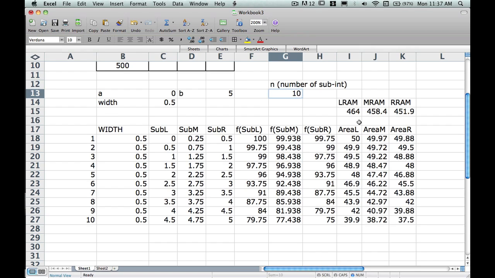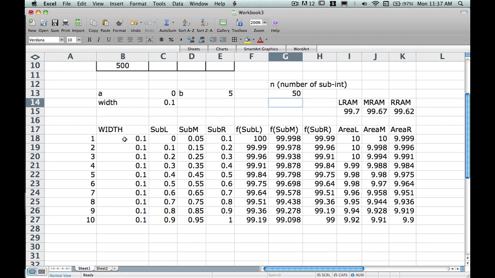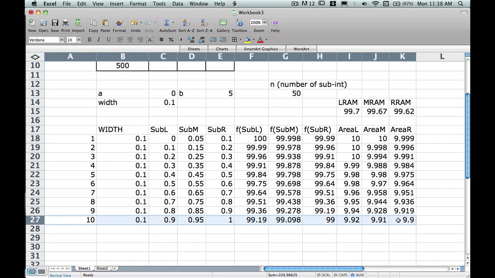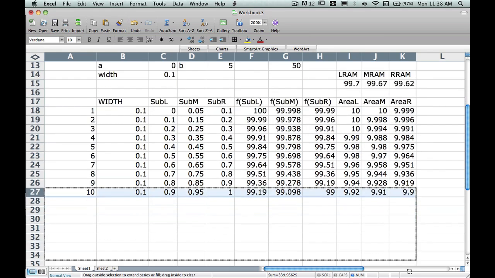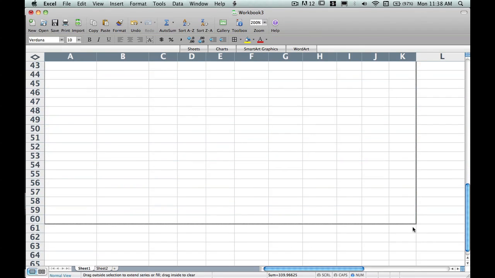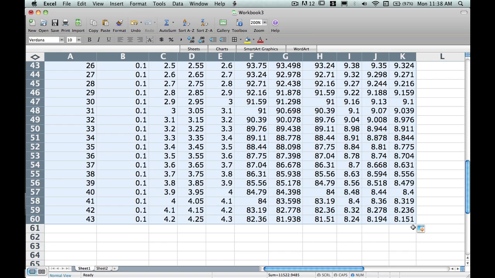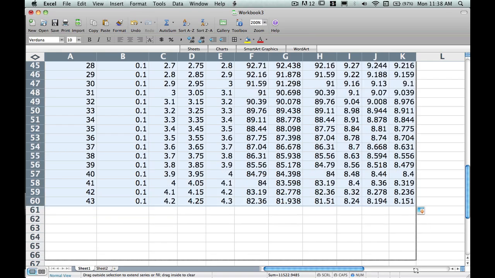If you wanted to extend this to have more, we could extend to 50, and you see that now the width has changed, but we can drag this down. I think this should work to drag down and go to 50 rectangles.